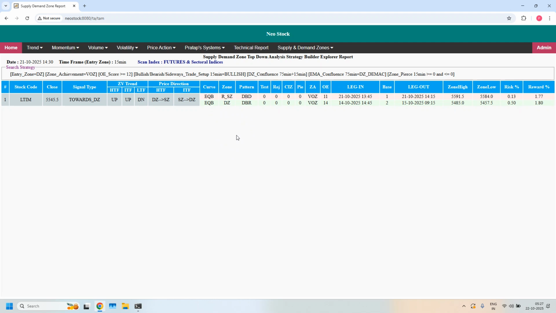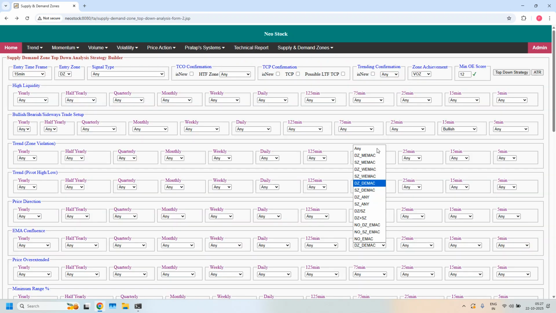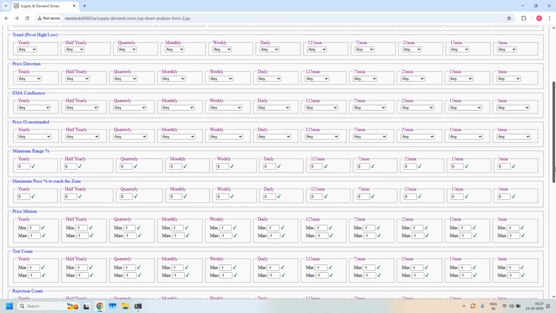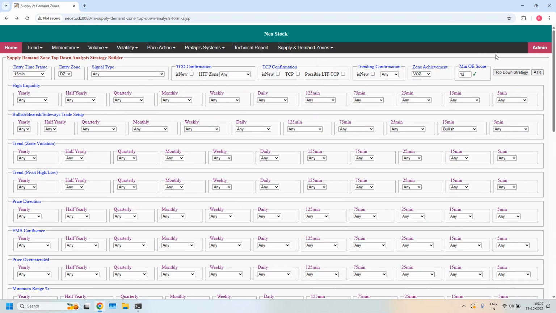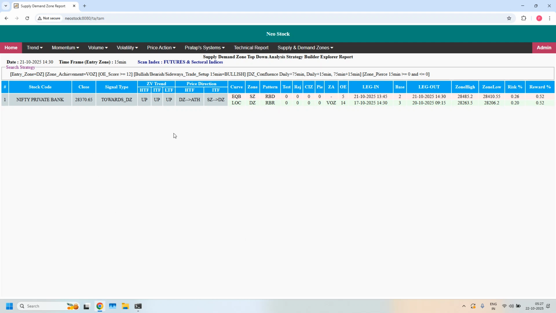Okay, next second strategy, let us filter. Removing ITF EMA filter. As per the second strategy, first LTF, ITF, HTF demand zone confluence filters we have to enable. That is 15 minutes and 75 minutes, 15 minutes and daily, 75 minutes and daily. By enabling all the 3 filters, we got only 1 stock.